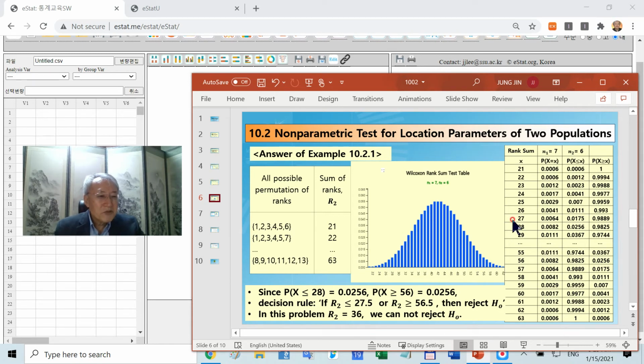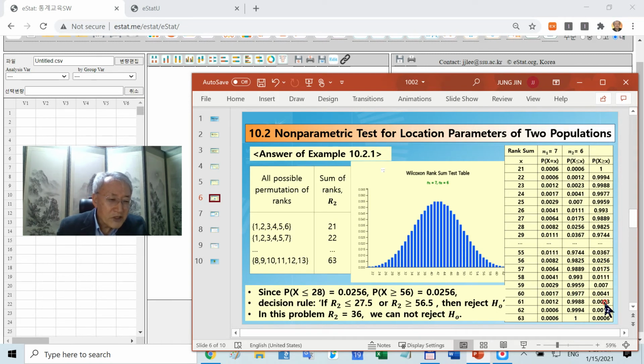If you look at this kind of table, somewhere here x equals 28 until here is 0.017, then 0.025. If it is a 5% significance level, somewhere here would be the critical value. We just take the average of them, or R2 is 56.5.